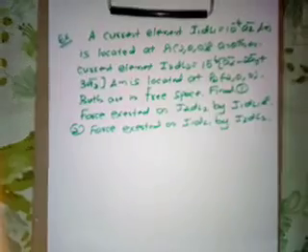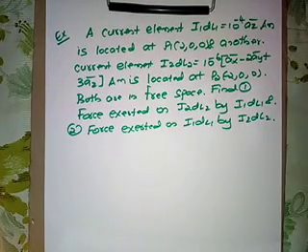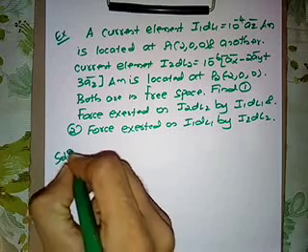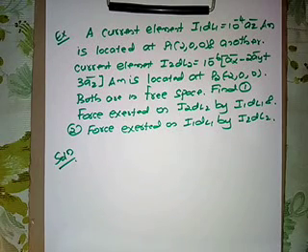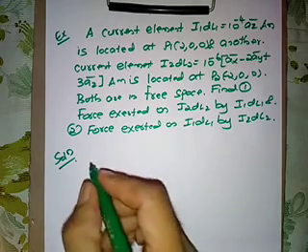So this is just whatever we derived in the equation, it is the same thing. We have to find the force exerted by current element 1 on current element 2, and also the force exerted by current element 2 on current element 1.